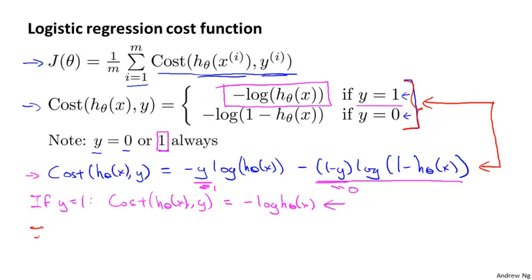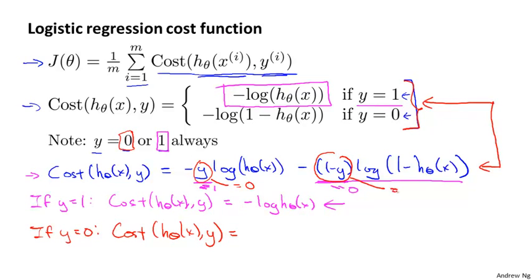The other case is if y is equal to 0. Then this first term here would be equal to 0, whereas 1 minus y would be equal to 1, because 1 minus y becomes 1 minus 0, which is just equal to 1. And so the cost function simplifies to just this last term, because the first term gets multiplied by 0 and disappears.